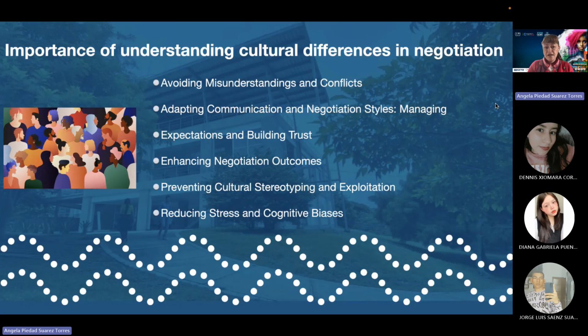Next one is enhancing negotiation outcomes. It means that research shows that cross-cultural negotiations often face communication barriers, leading to poorer outcomes. So listen, the reality of the process of negotiation is showing us that sometimes we don't have enough knowledge, and that means a trouble, a problem, a barrier in the process of negotiation.